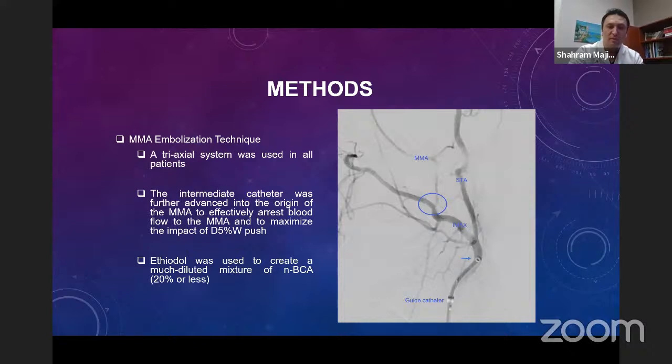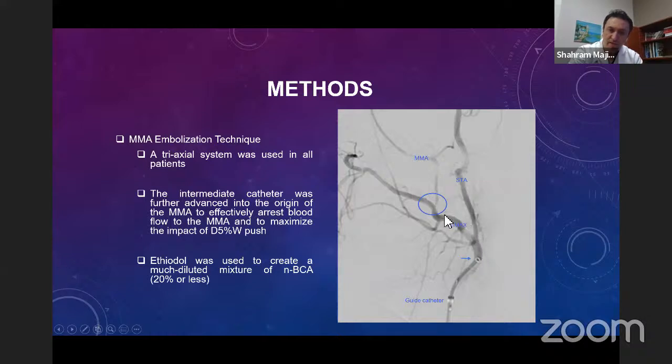In terms of the technique that we used, a triaxial system was used in all patients. This is the lateral view of external carotid artery angiography. Down here, you see the guide catheter, placed in the proximal segment of the ECA. Up here, the arrow shows the intermediate catheter, which is at the origin of the IMAX.